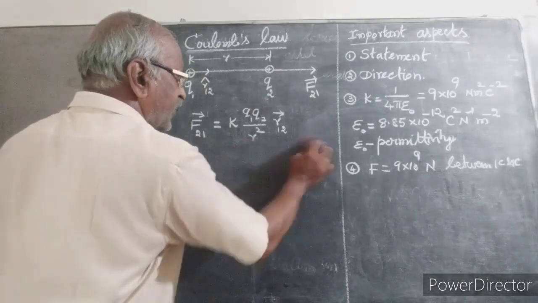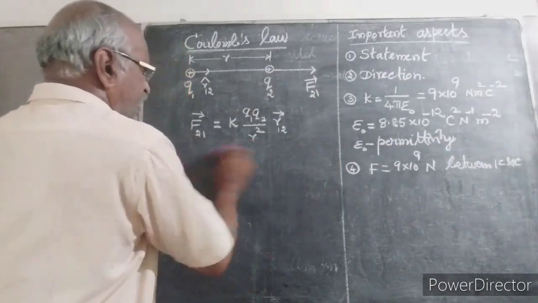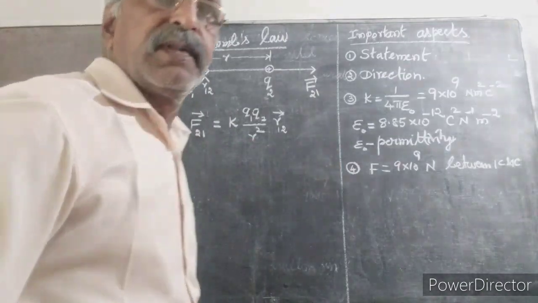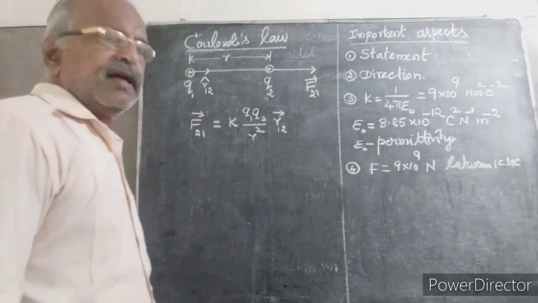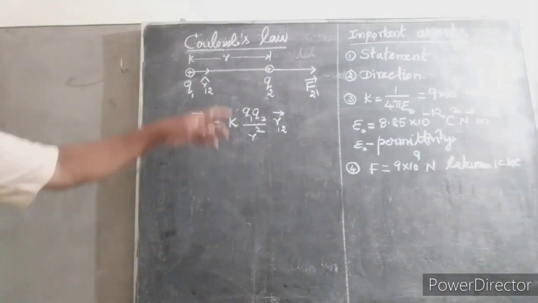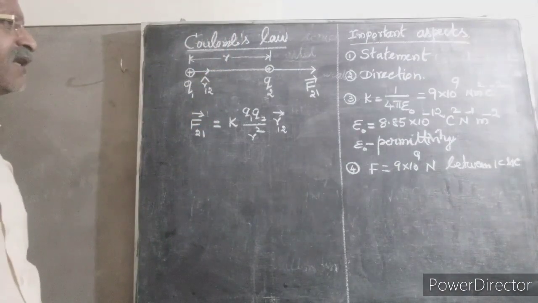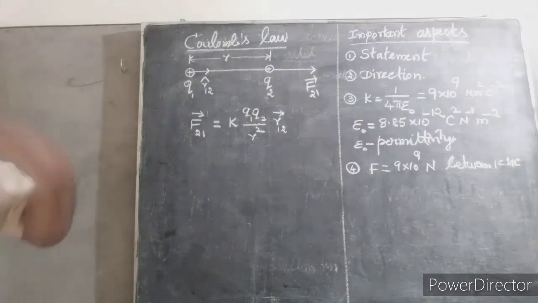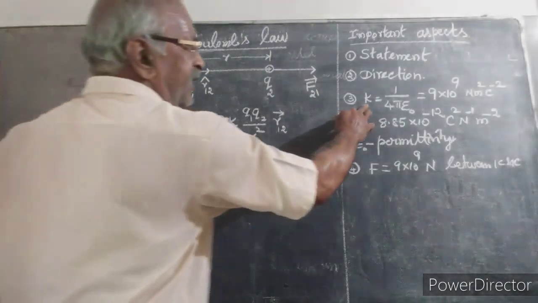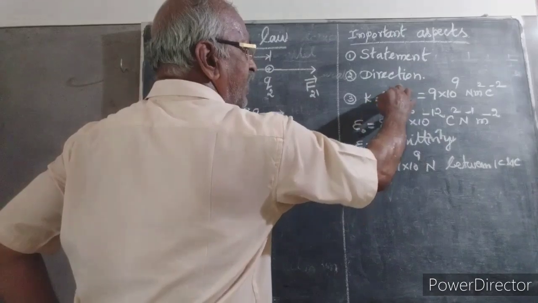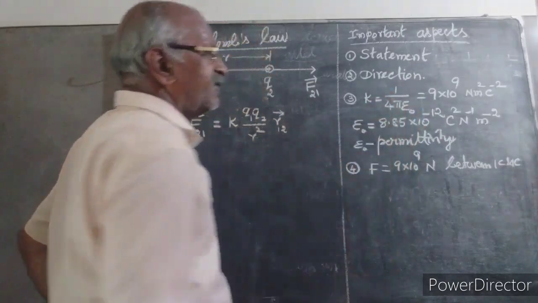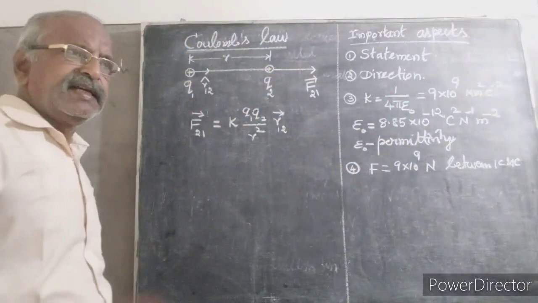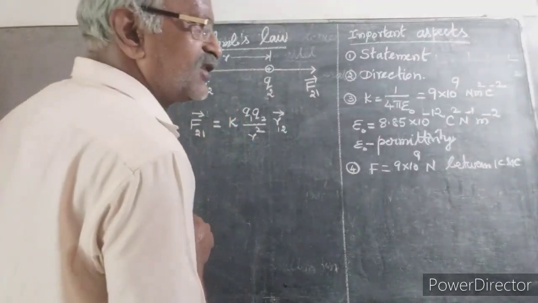Let us go to the fifth one. If the charges are placed in any medium other than free space, the constant K will be equal to 1 by 4 pi epsilon, where epsilon is the permittivity of the medium in which the charges are situated.